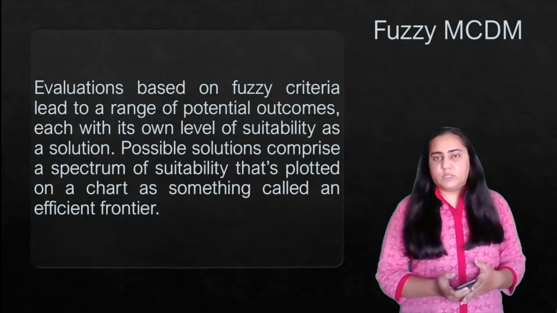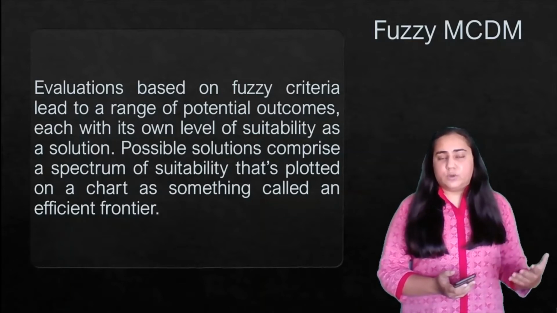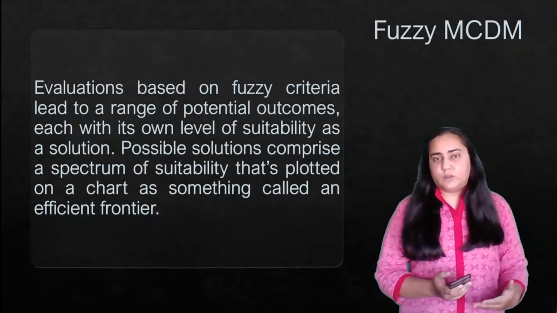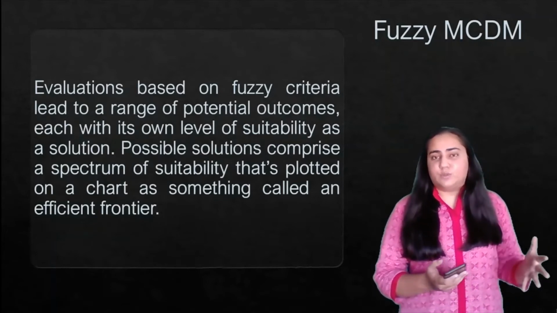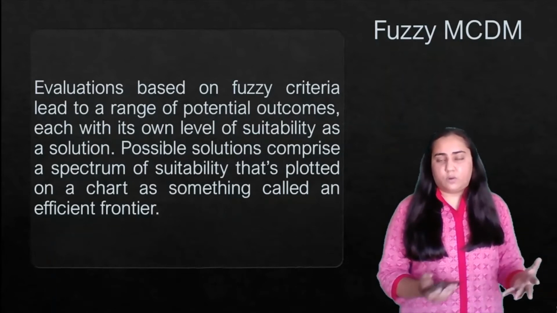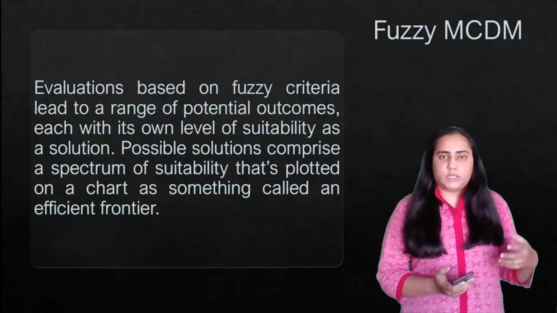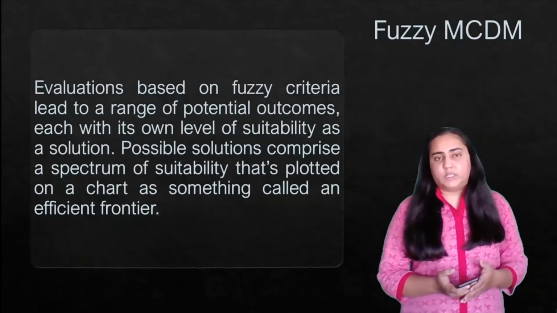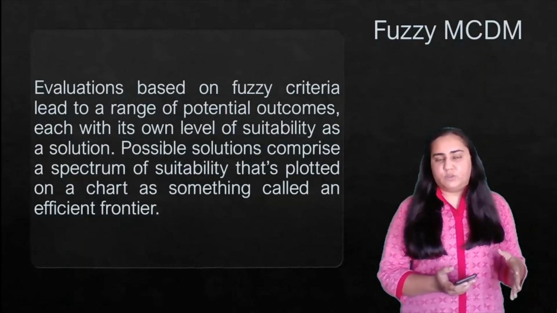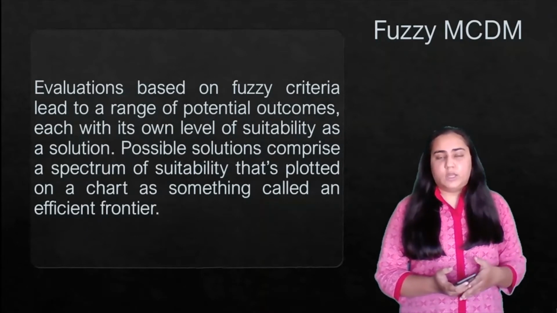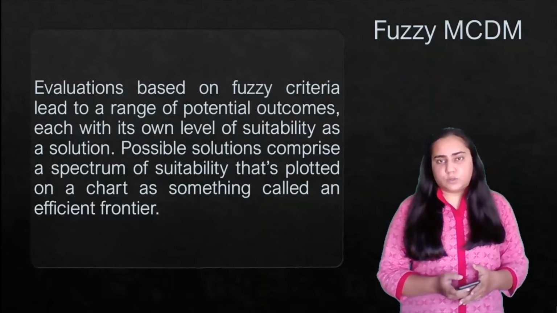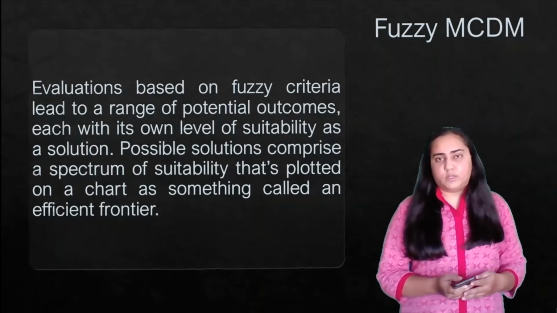So in fuzzy MCDM, you have the choice to assign a value to a site for a particular criterion, a value between 0 and 1 instead of just 0 or 1. And this allows you to actually plot all those values on a chart. And then when you plot them on the chart, you create an efficient frontier. And then you can decide which particular site you want for your project.